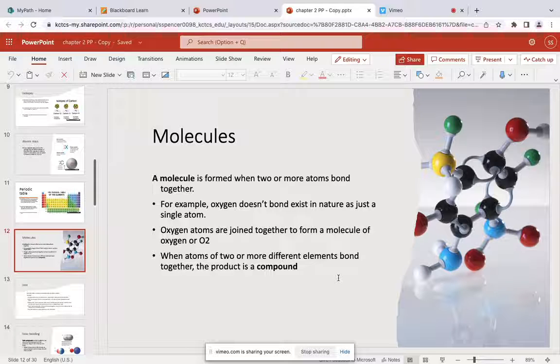So again, the answer choices are O2, Cl2, H, which is just representing hydrogen, or C2H6O. So you know that would be C2H6O, because why? It's atoms of two or more different elements bonding together. So that's just what makes up a compound. All of those are molecules because it's two or more atoms bonding together. Hope you guys are starting to see the trend of this.